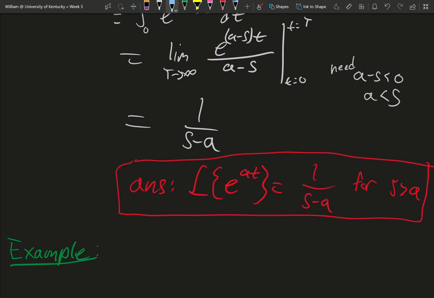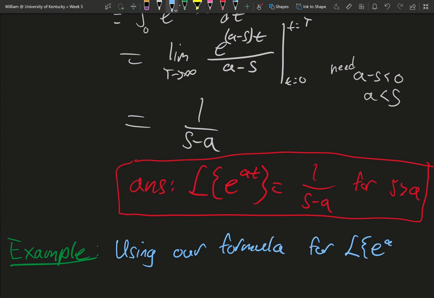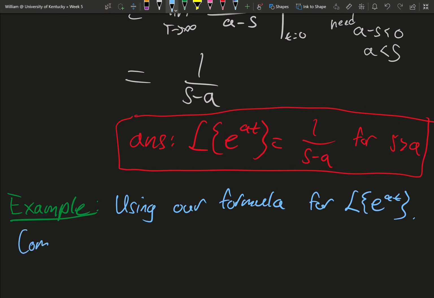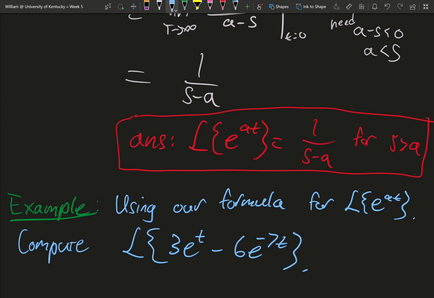So let's look at another example. Using the formula that we got from the previous problem for the Laplace transform of e to the at, let's compute this.